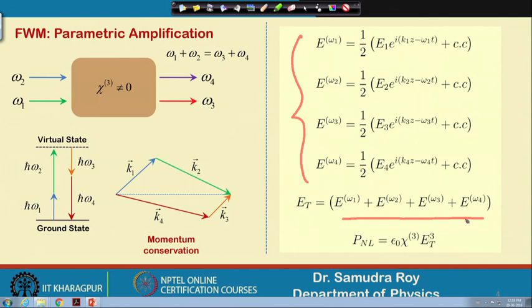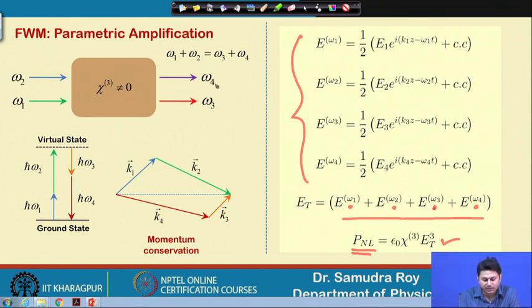The total electric field ET is related to P nonlinear, and this P nonlinear is epsilon 0 chi 3 times the total electric field cubed. When I cube it, omega 1, omega 2, omega 3 and omega 4 will combine, and as a result we will generate different kinds of frequencies. But our aim here is to find the frequencies omega 3 and omega 4.